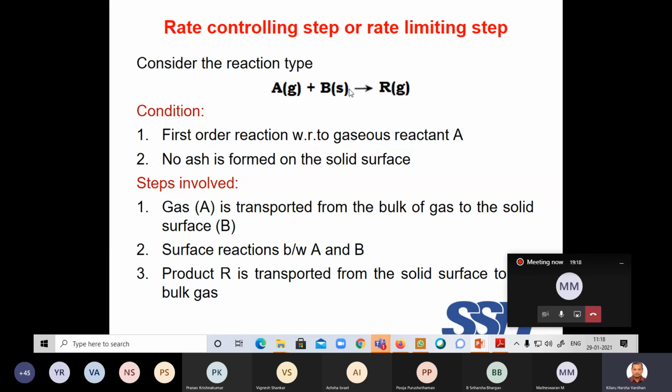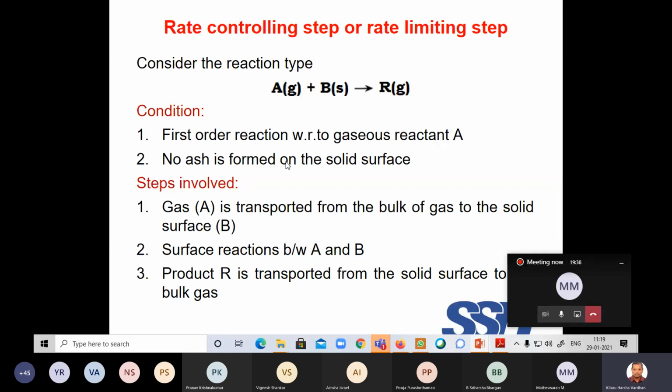So with time, there is no ash being formed. The solid is just like that, right? So what is happening? How is this gas reacting on the solid? Any idea how it is going to be present?